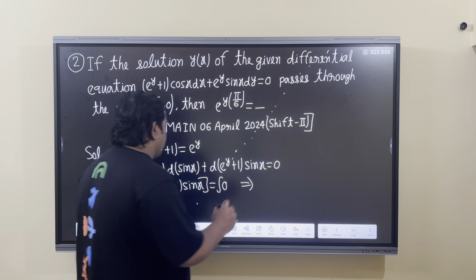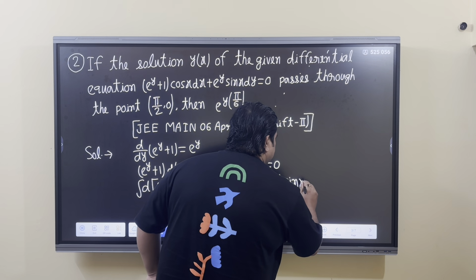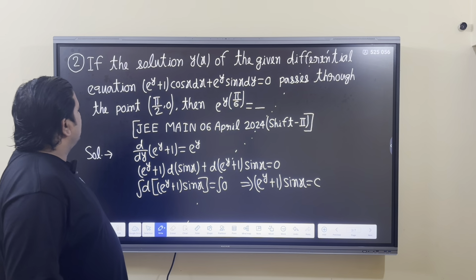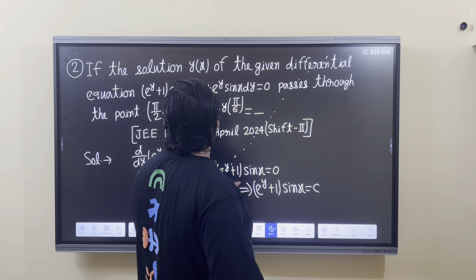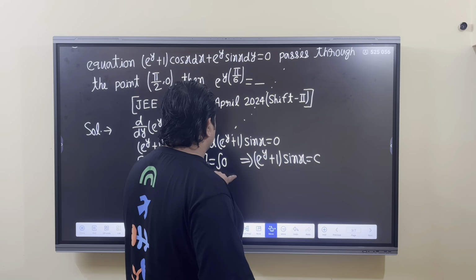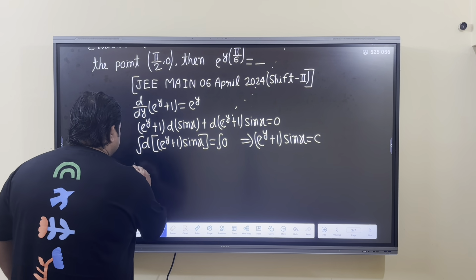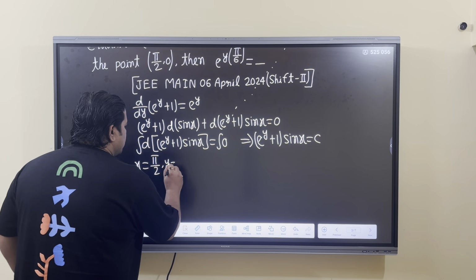So, when we integrate both the sides, what will we get? This side d will be gone, so we will get e power y plus 1 into sin x. Other side 0 integration will become constant, and it is passing through the point pi by 2 comma 0. So x is equal to pi by 2 and at that time y is equal to 0.